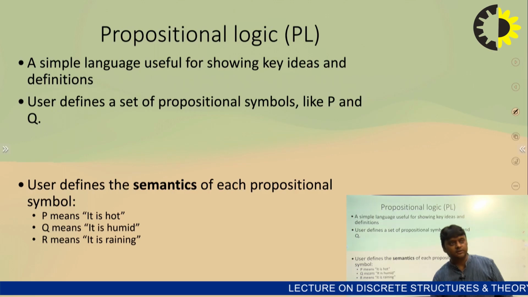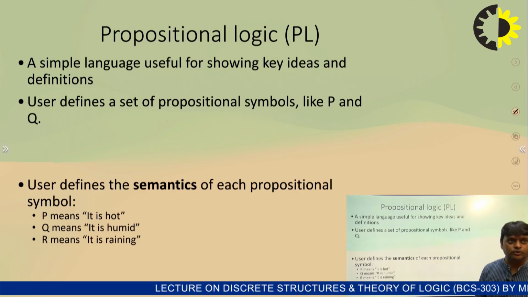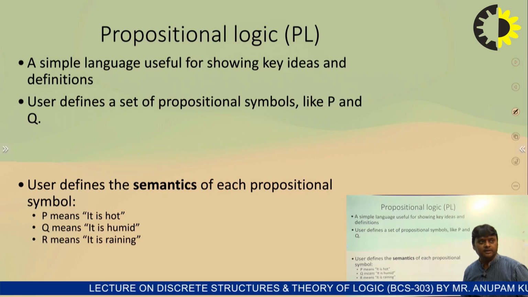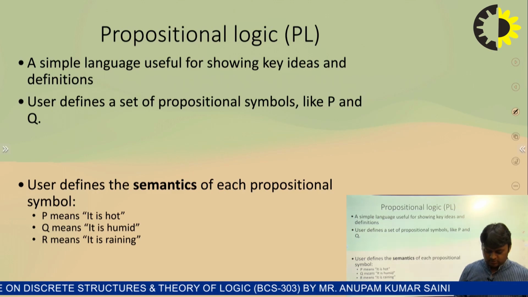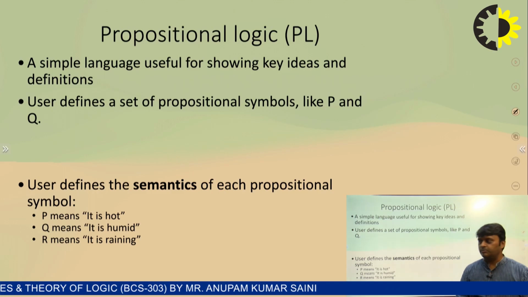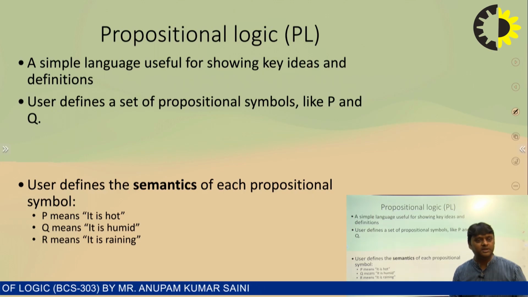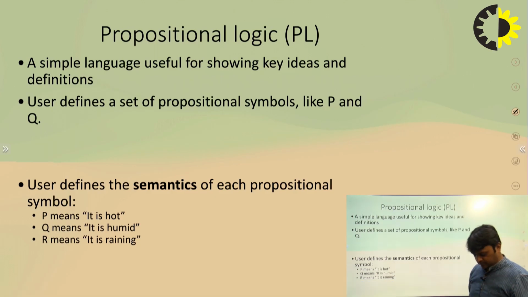Propositional logic is a simple language useful for showing key ideas and definitions. The user defines a set of proposition symbols like P, Q, R, S. Here, the user defines the semantics of each proposition. Take an example.